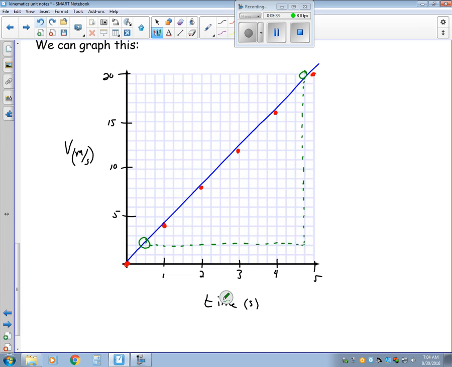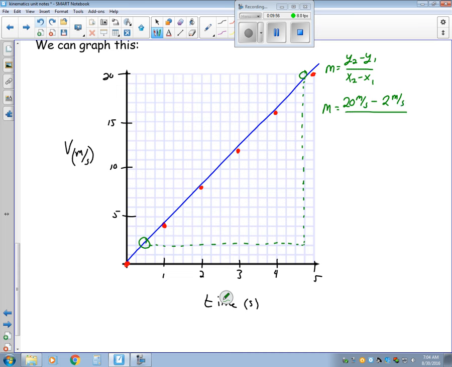All right, so slope, change in y over change in x. So here I've got 20 meters per second minus, down here I've got 2 meters per second.